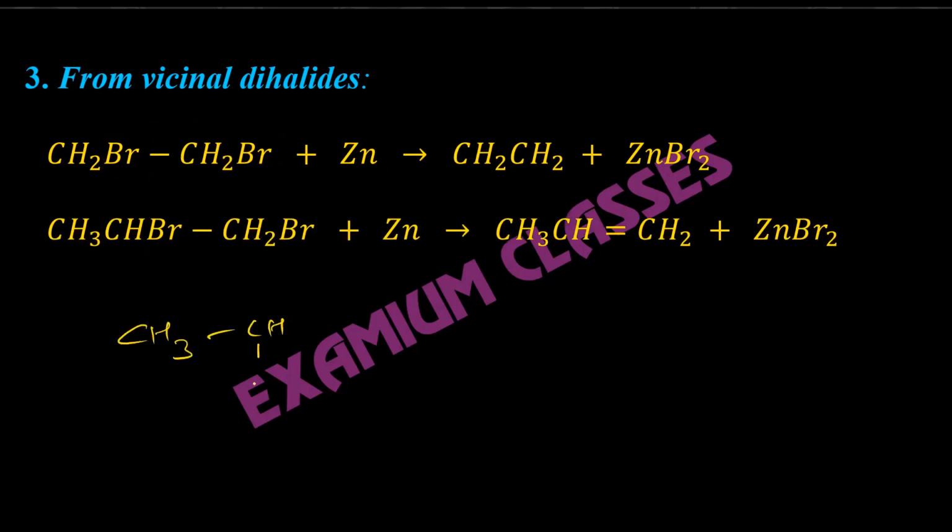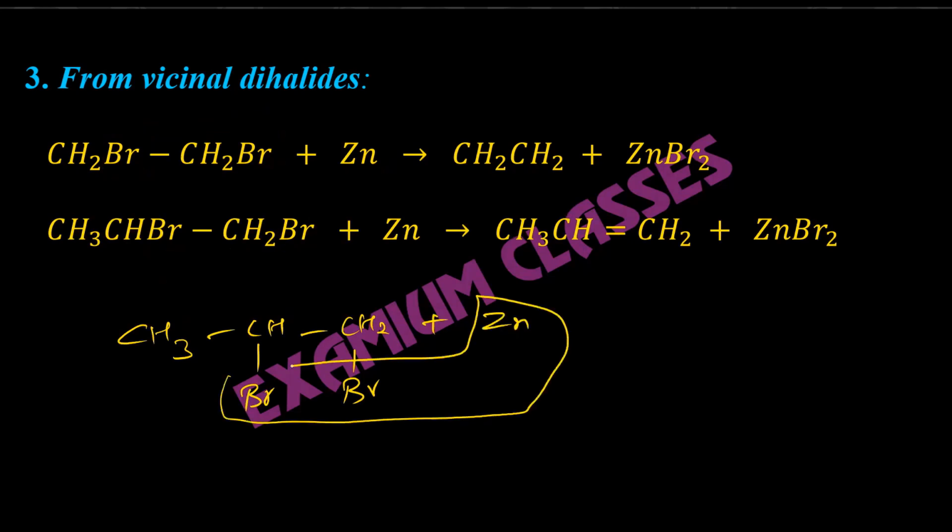Similarly, you have CH3, CHBr, CH2Br. When you react it with zinc, this will produce zinc bromide. In the rest of the part, wherever you removed the halides, a double bond will be introduced. So here the double bond will be introduced.